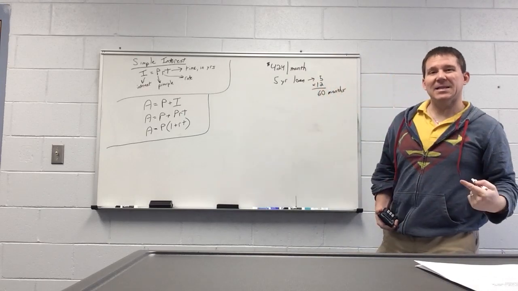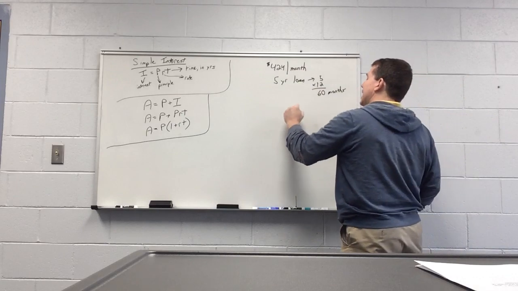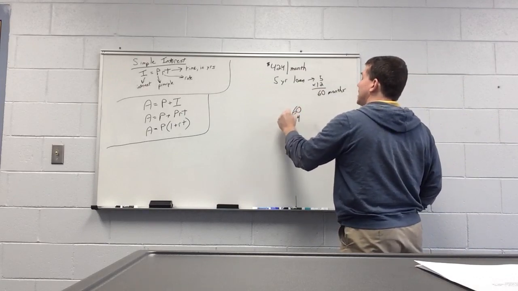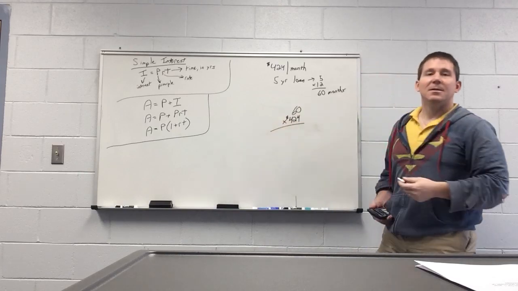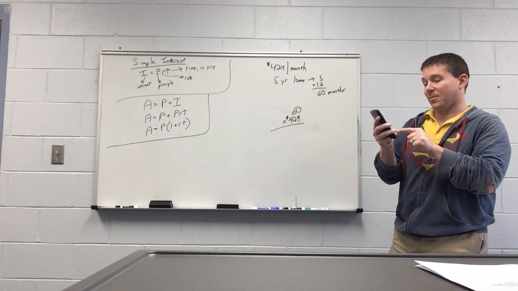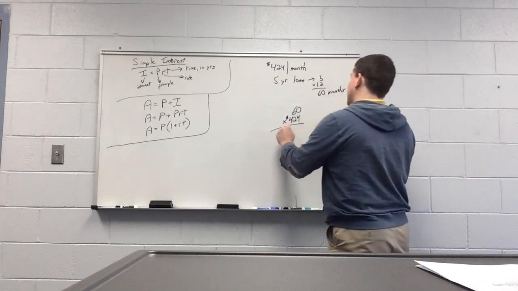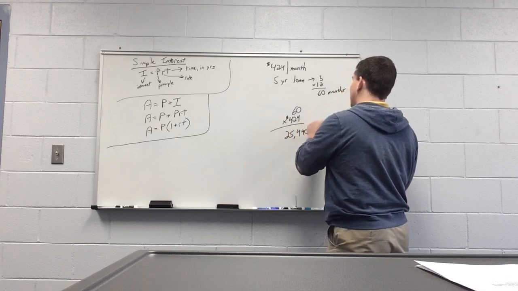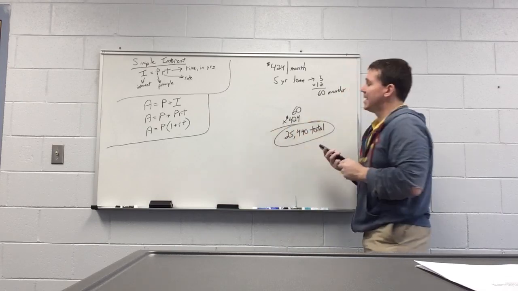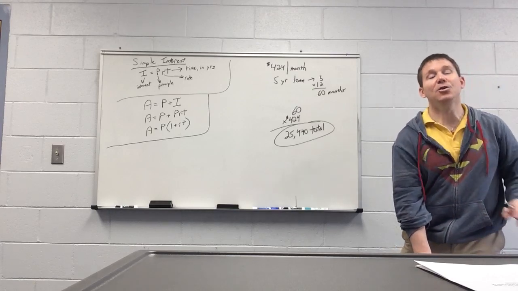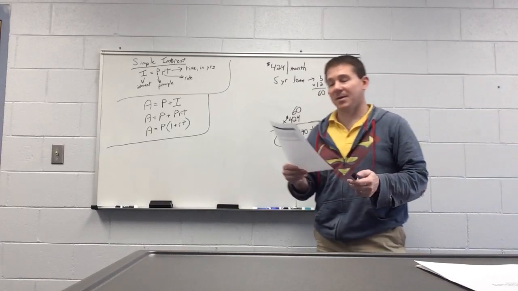Which means I make 60 payments, and I make 60 payments of $424 each. So now, what's the total amount that I pay? 424 times 60, which is $25,440 total. So now, that's the total amount of money that I end up paying back using my monthly payments.